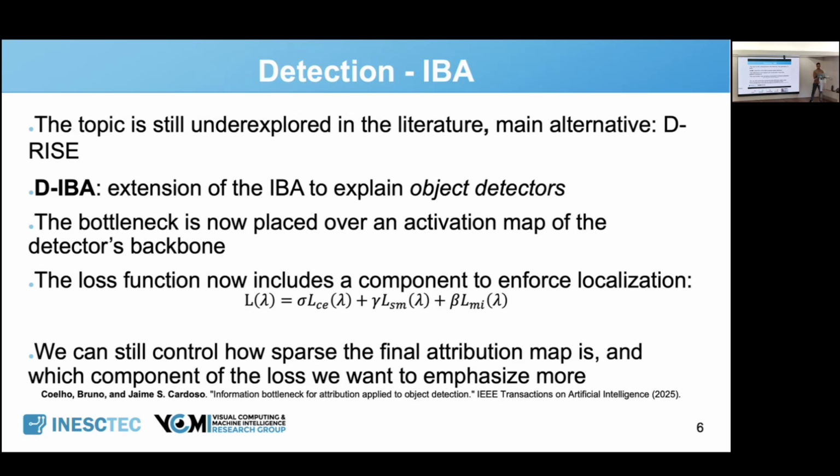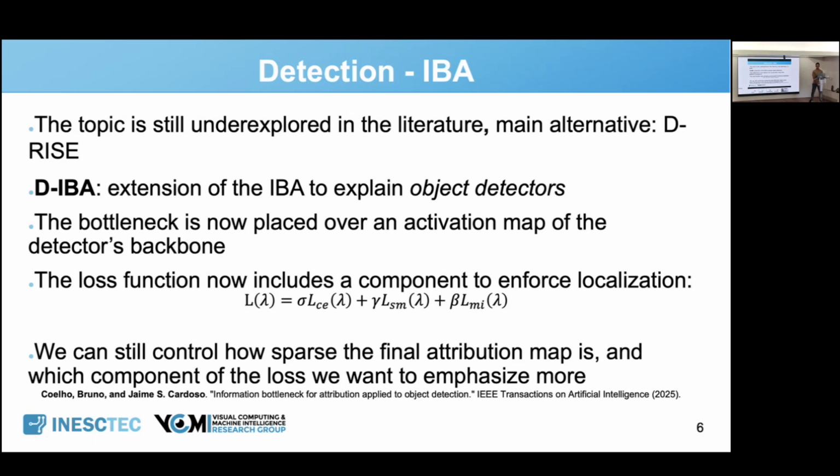And what you do is quite simple. Since the networks that we try to analyze have a CNN backbone, we basically put the bottleneck in the activation maps of the backbone. Then we slightly modify the loss function so that it does not include only the cross entropy and the mutual information, but we also put in a new term to account for the position of the bounding boxes that are predicted by the object detector.